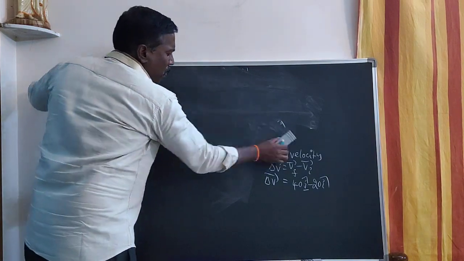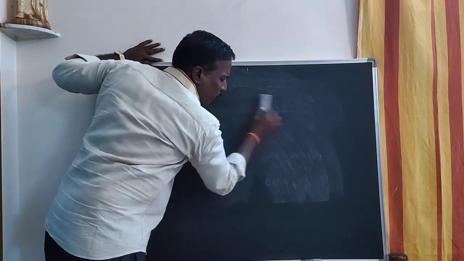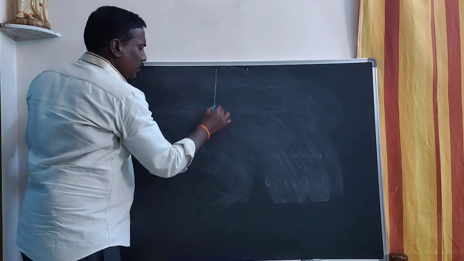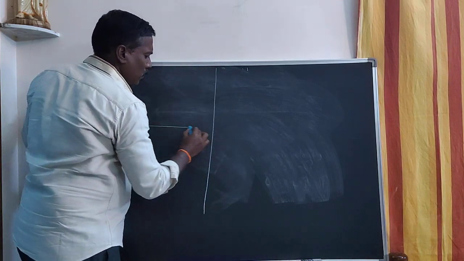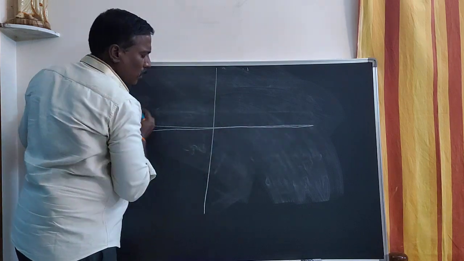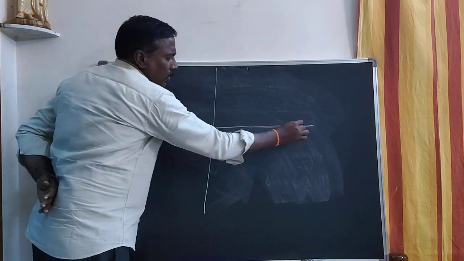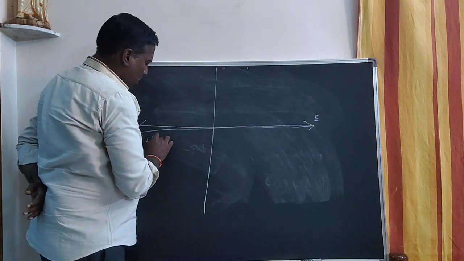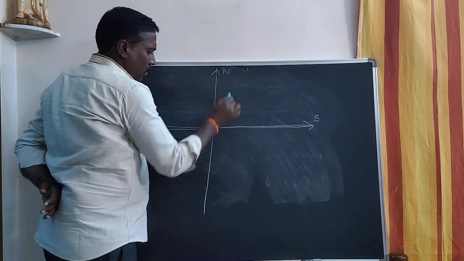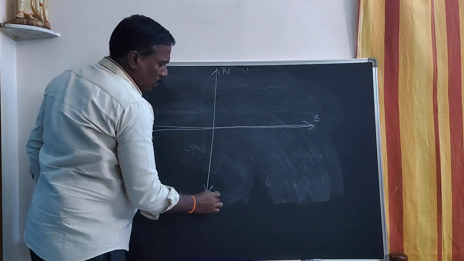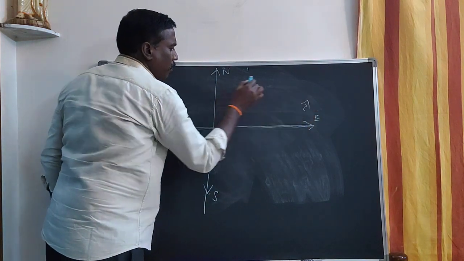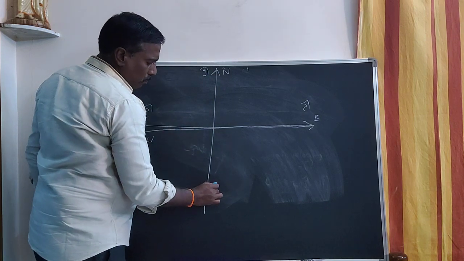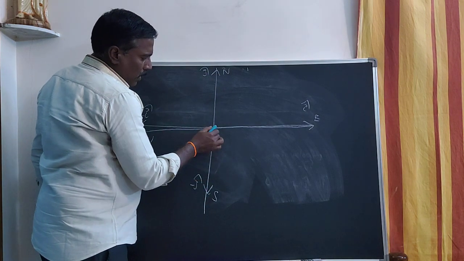Second example. A car is moving. This is east, west, north, south: I cap, j cap, minus I cap, minus j cap.